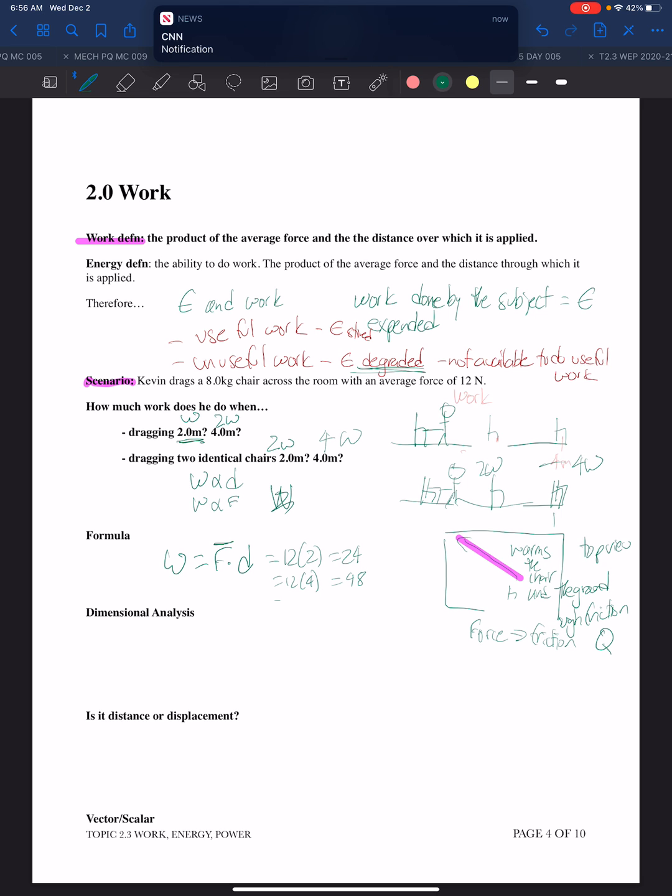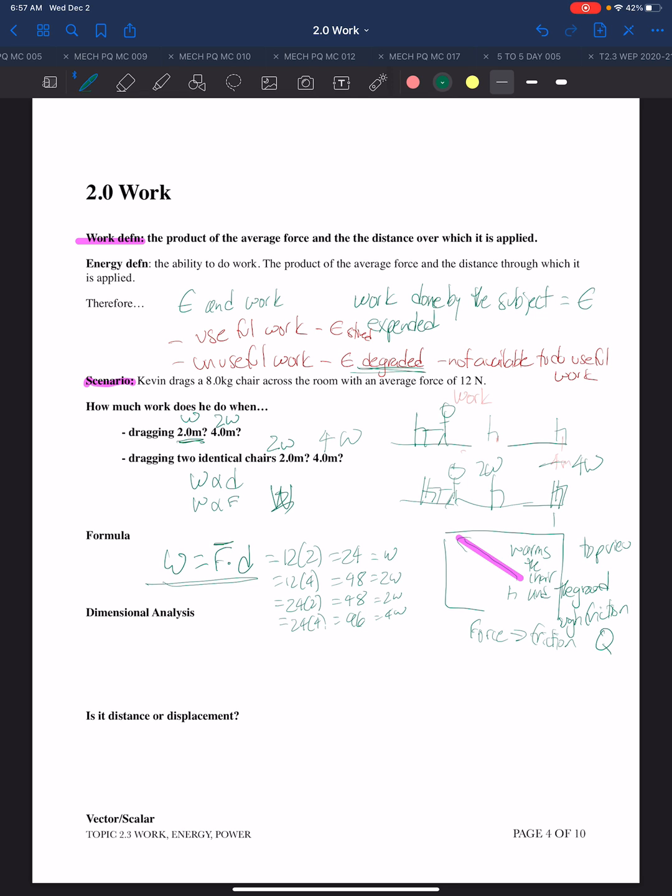And when we pulled 2 chairs, the force would be twice as large. So 24 times 2 is 48, and when we pulled it 4 meters, 24 times 4 is 96. And so we can see that 24 is W, 48 is 2W, and 96 is 4W from our example calculations up above. So we have our formula: work equals average force times distance.